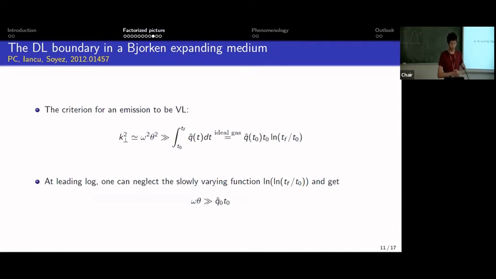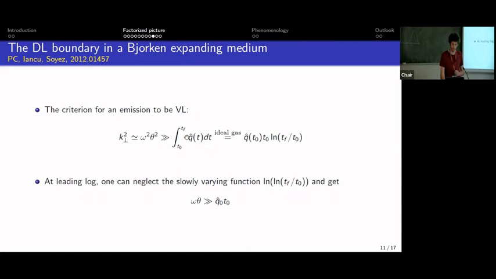You can also see that from more formal calculations, but in principle, you can also infer the red boundary just by saying again that the KT squared of any emission inside the medium is bounded by the integral of Q hat of t during the duration of the emission of the gluon inside the medium.